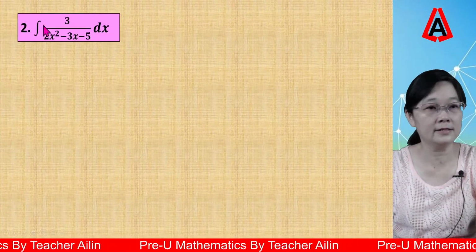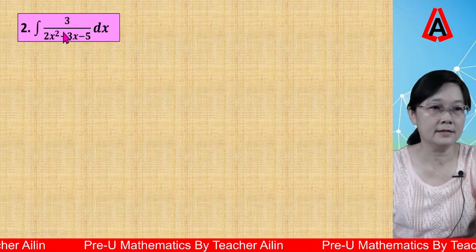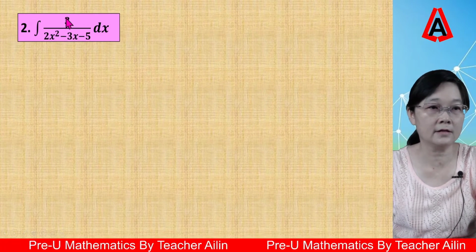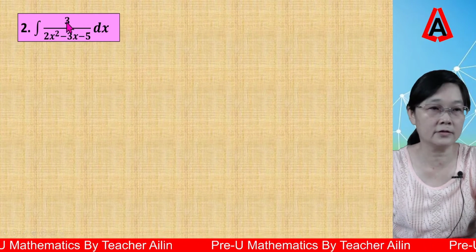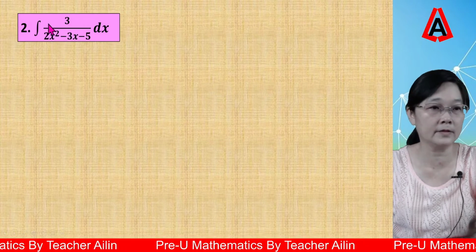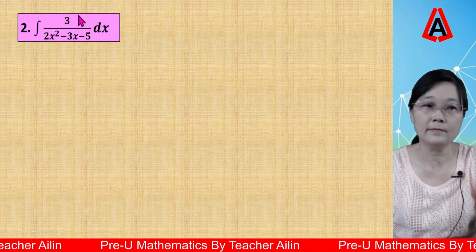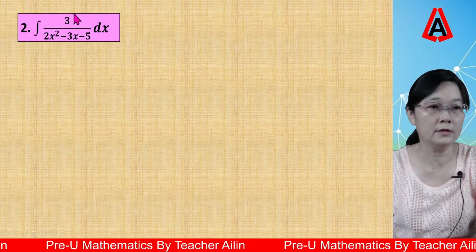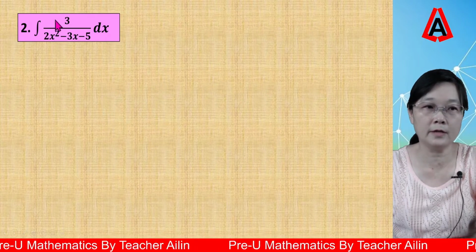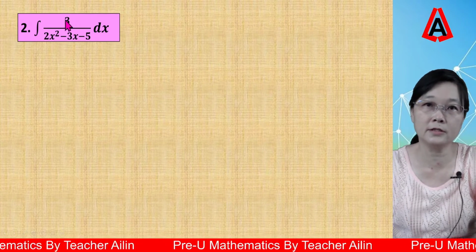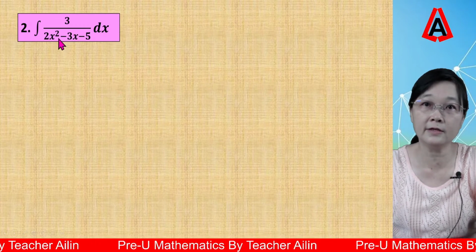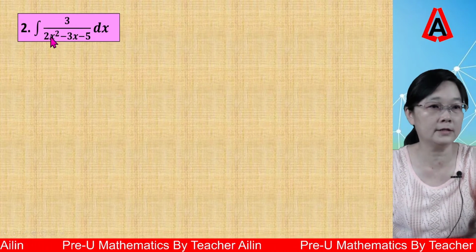Next, let's try this question. Since this rational function is not an improper rational function, we move on to step number 2. For step number 2, we need to double check whether we are able to change the numerator into the derivative of the denominator.